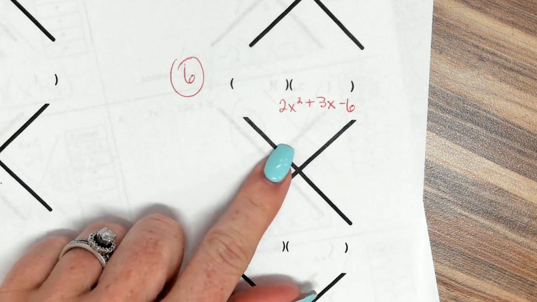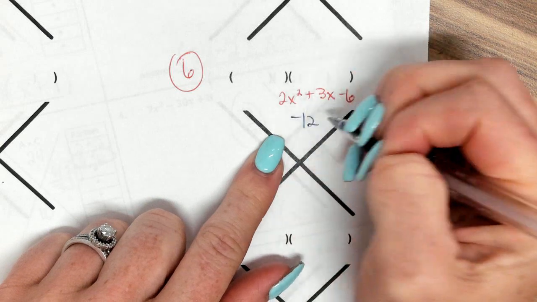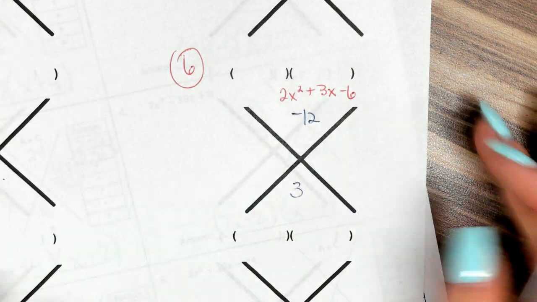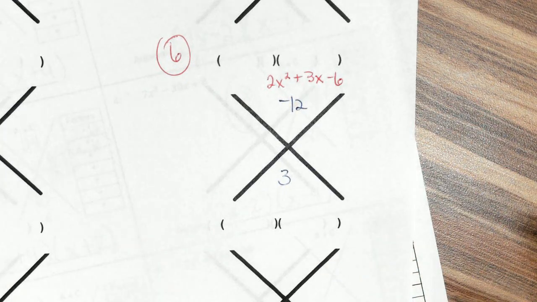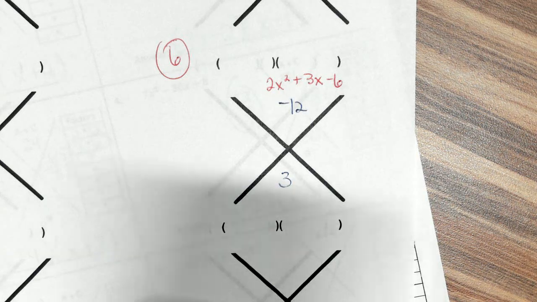All right, so A times C, what's 2 times negative 6? Negative 12. And what is B? Okay, so we're looking for factors of negative 12 that add up to 3. So let's go to our calculator.